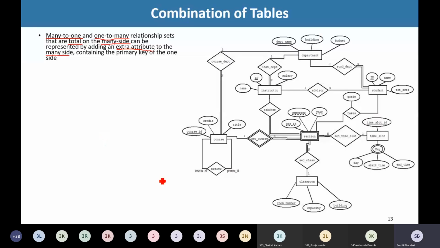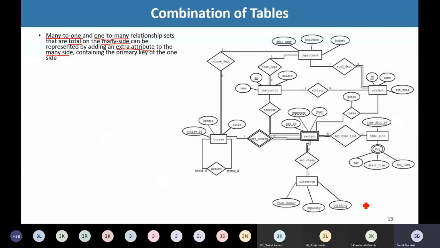Then we may omit the table for the relationship set, and instead towards the many side entity set we may add one extra attribute. And what is that extra attribute? That extra attribute is the primary key of the one side. Okay, that is the rule.